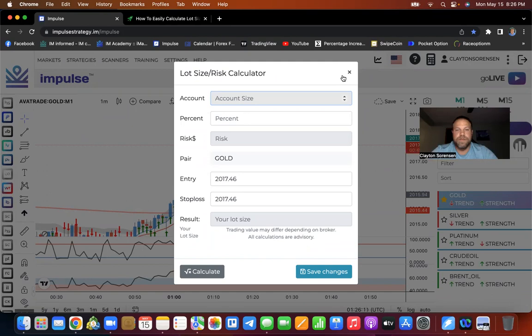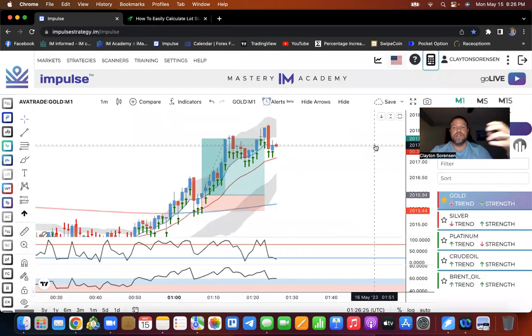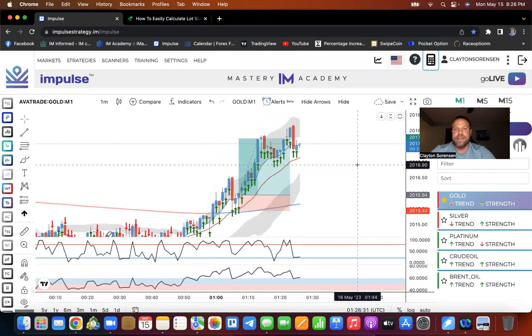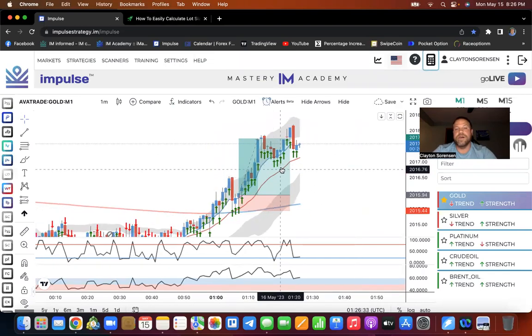Yep, and it tells you down here at the bottom too. The whole thing we noticed is the contract size. If you're trading crypto or indices, the contract size is all different, and that's a big thing to watch out for.